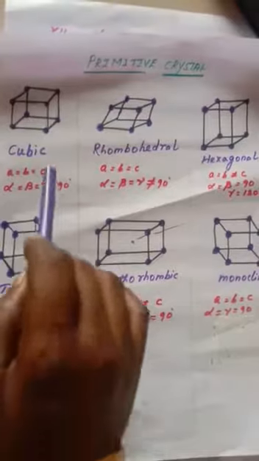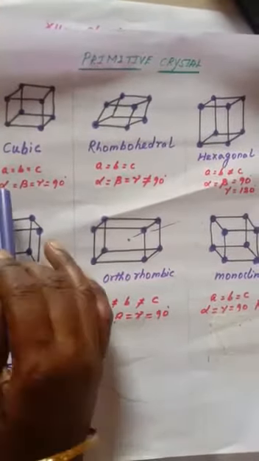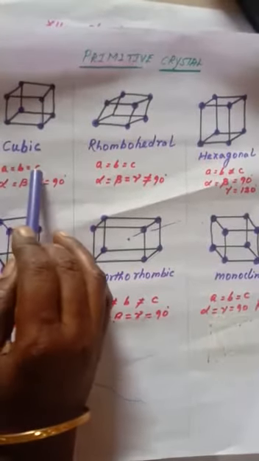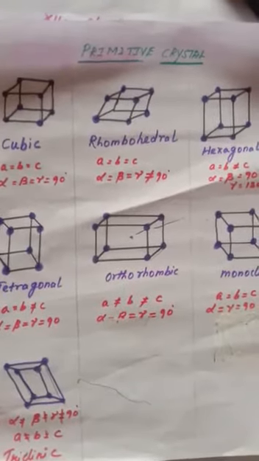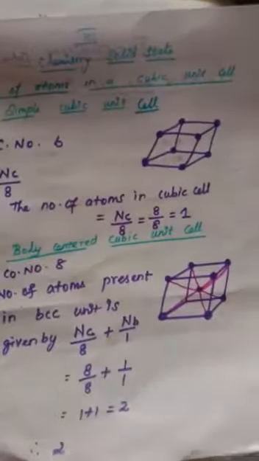These 7 primitive crystals differ in their angles and also edge length, otherwise called the lattice constant. Next we will discuss the number of atoms present in the cubic unit cell.